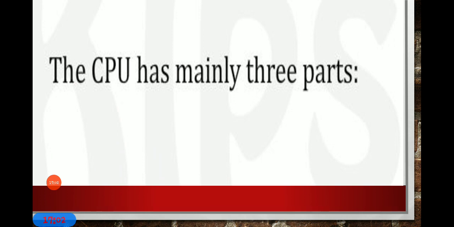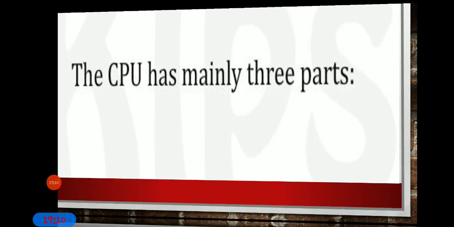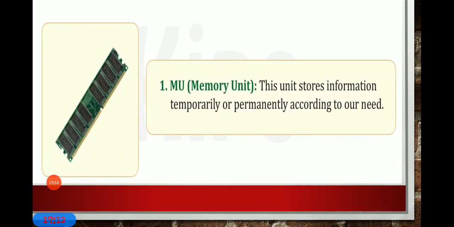The CPU has mainly three parts, because the CPU divides all jobs into three main parts. The first one is MU, meaning memory unit. This type of chip, as you can see in the picture, is there in a CPU.